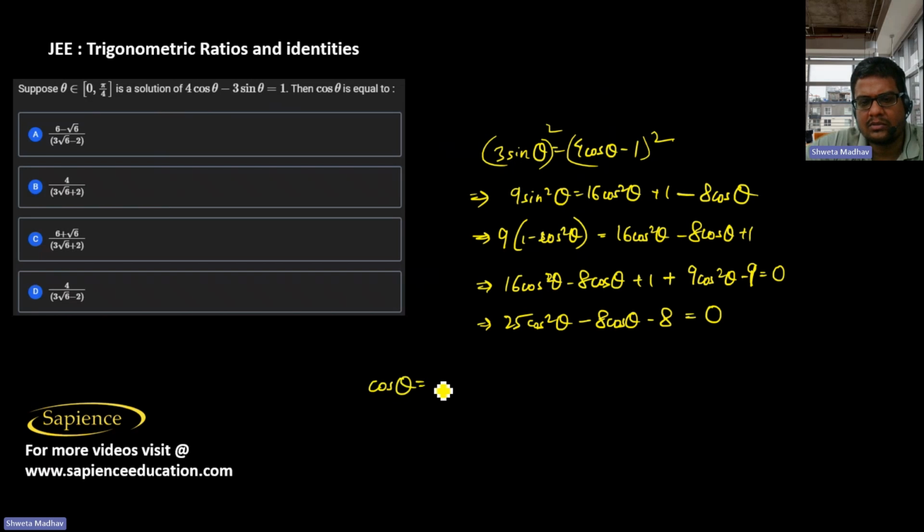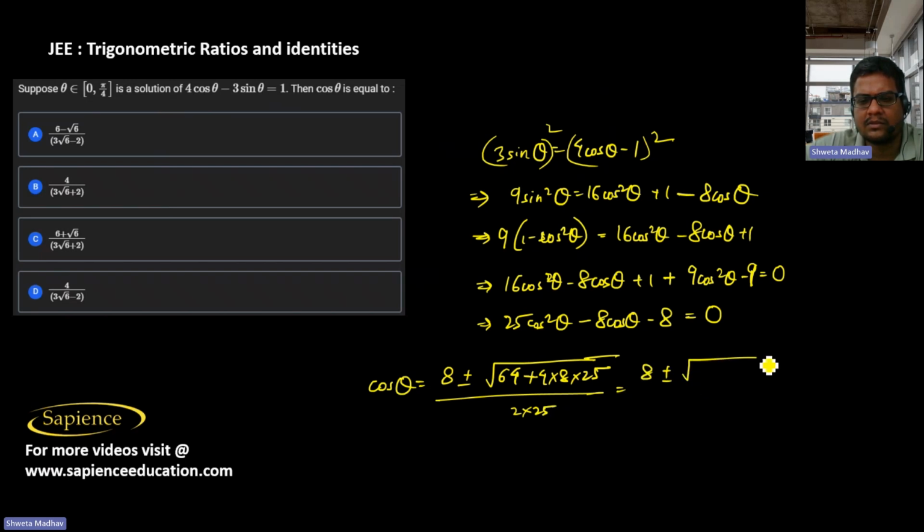Therefore cos theta will be equal to minus b, that is 8, plus or minus the square root of b square, which is 64, minus 4ac, which is 4 into 8 into 25, all by 2a, that is 50. So this will be 8 plus or minus the square root of 864, by 50.